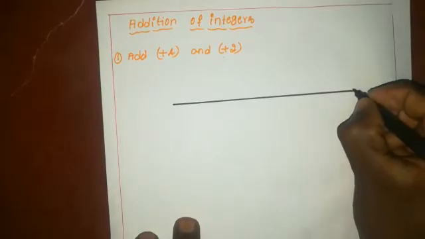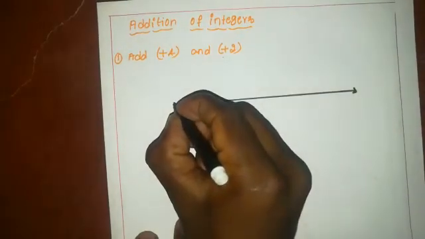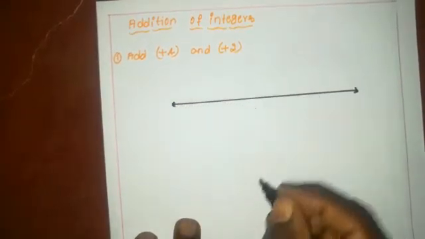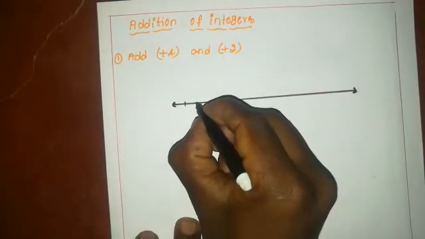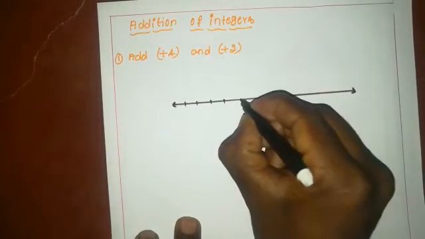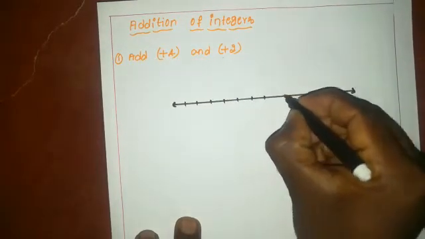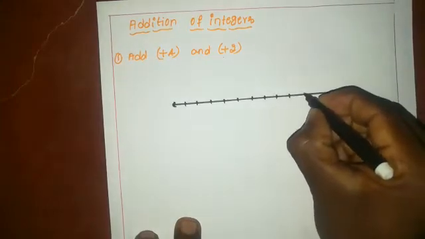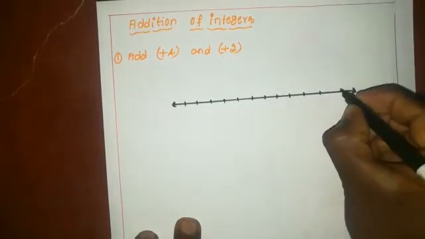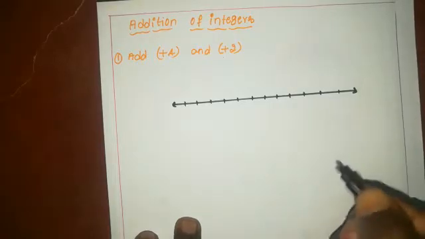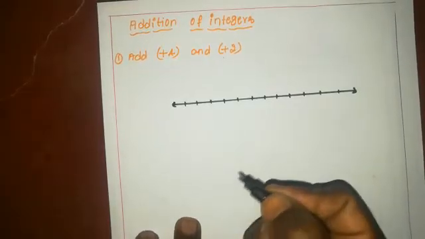At first we have to draw the number line. We know how to draw the number line. First we draw the line and mark the points on the line, and mark the 0. We mark the positive numbers on the right side of the 0, and the negative numbers on the left side of the 0.